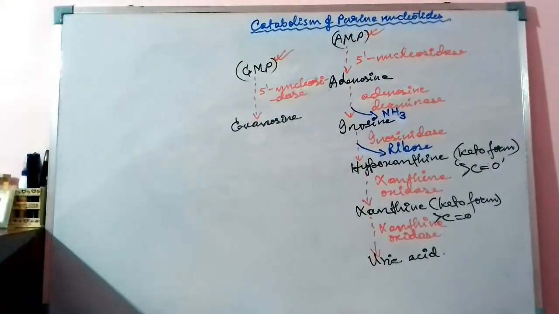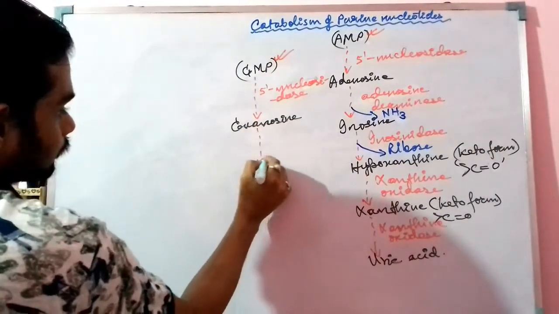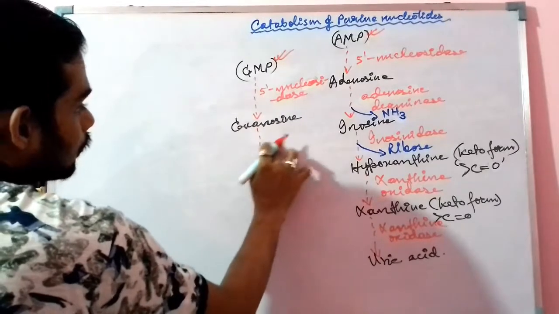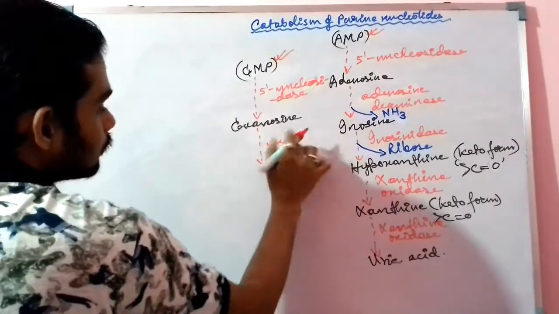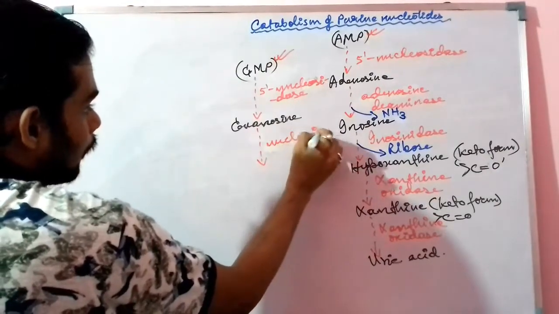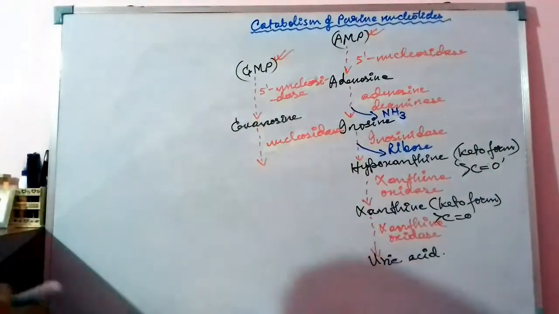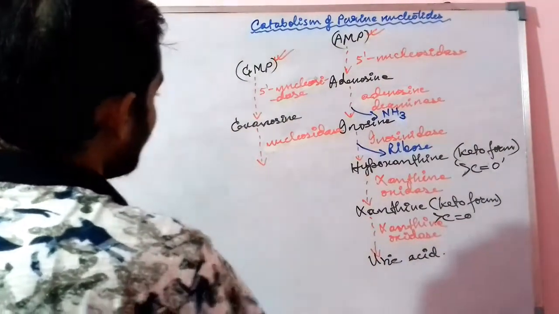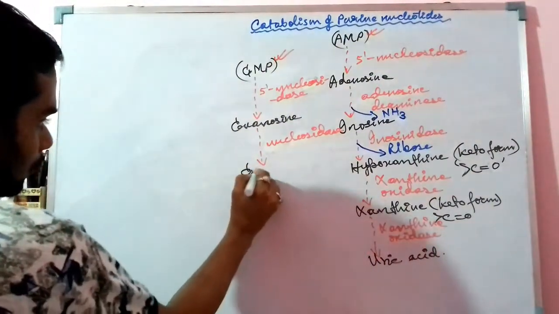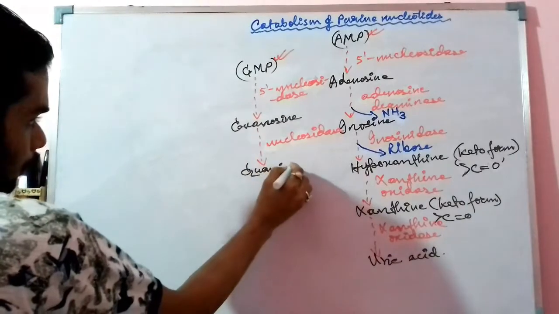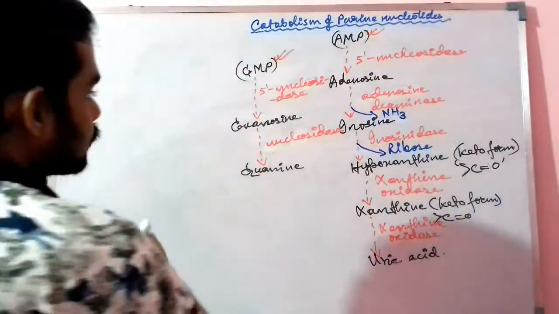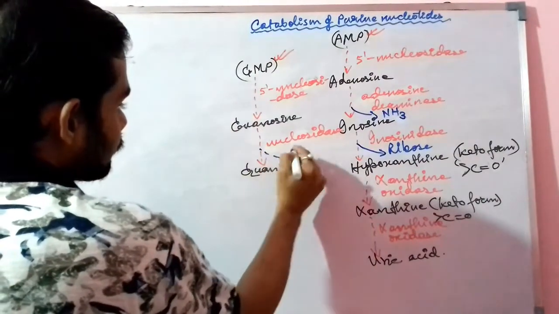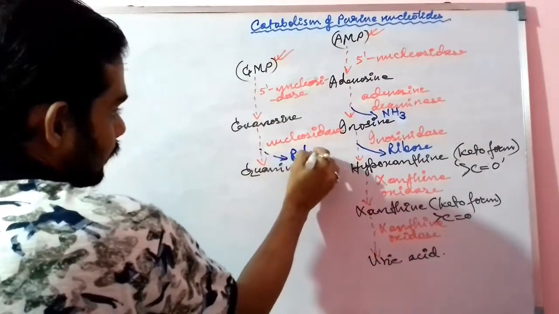Now this guanosine molecule, again in the presence of another nucleosidase molecule, helps in the formation of the guanine. Right. Here also the ribose sugar is being dropped off or being removed.